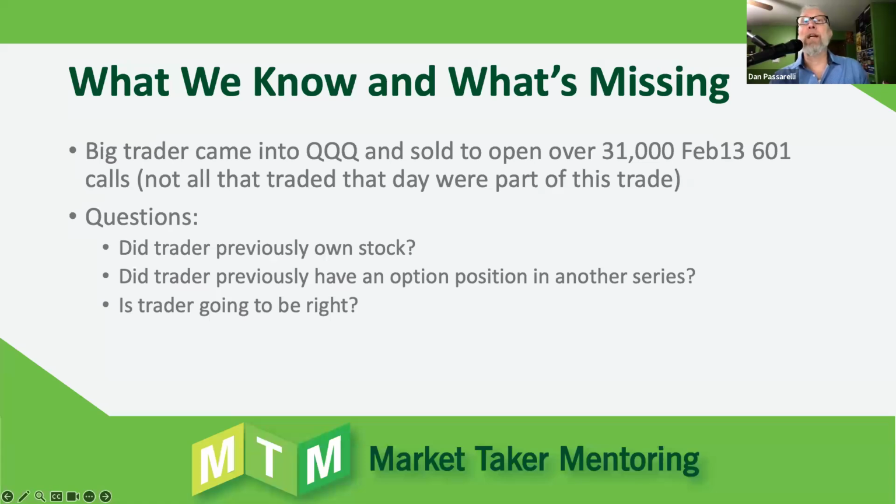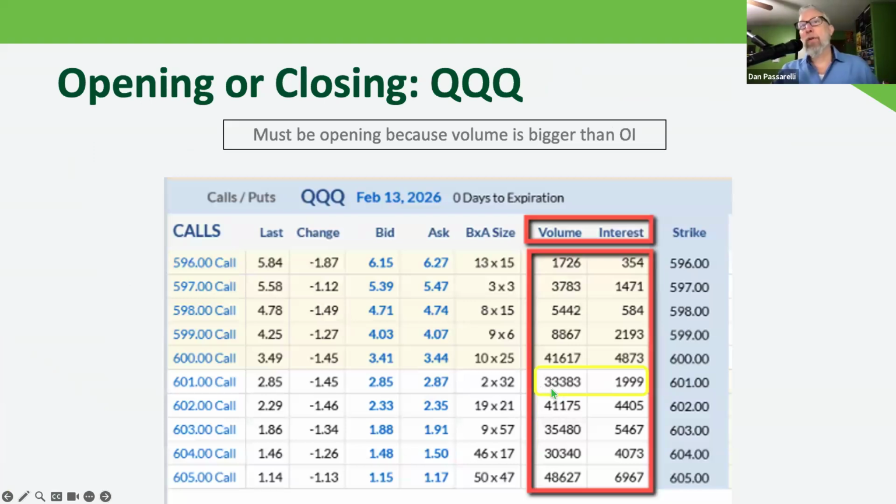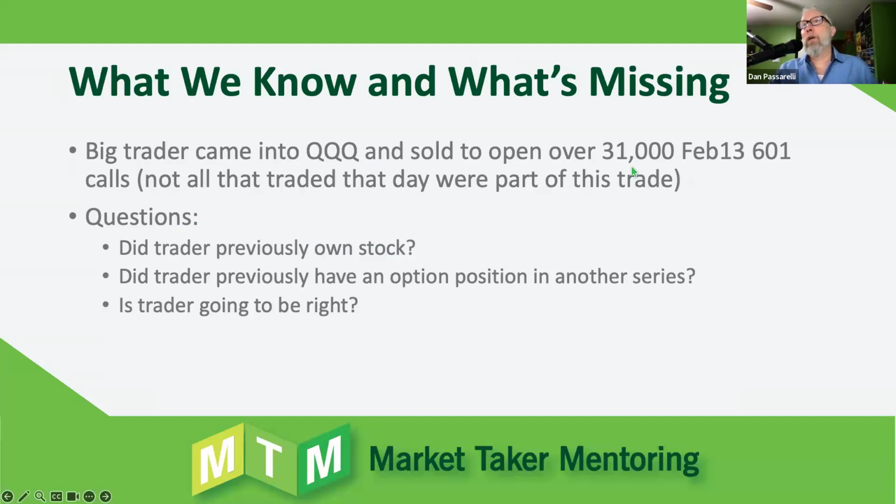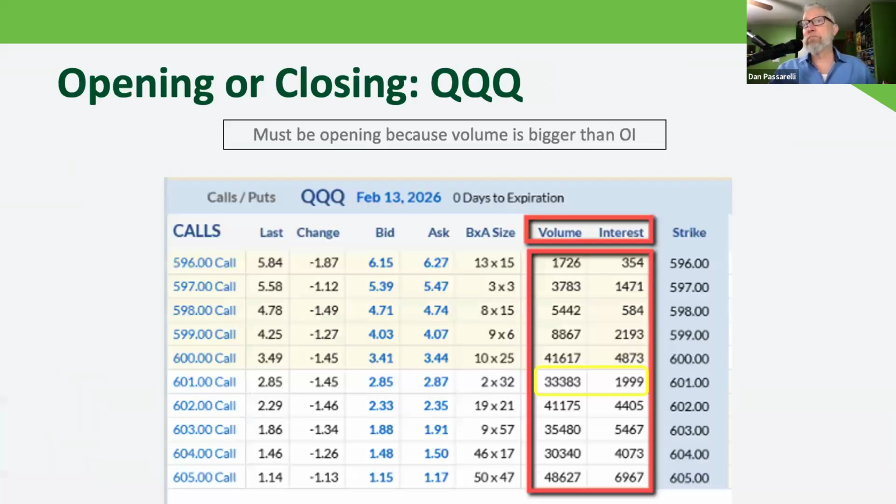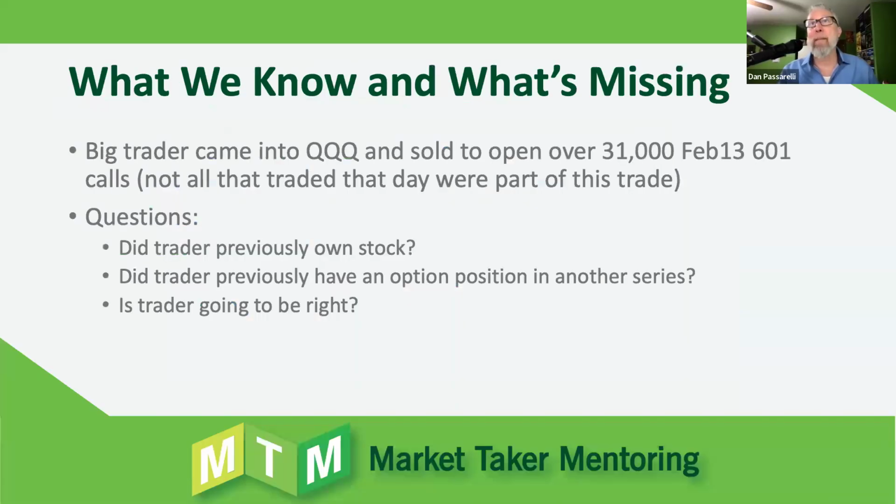Not all that traded that day were part of this trade. 33,383 traded, but imagine that one single trader traded 31,000 of those all in one fell swoop. So there are still 2,383 contracts that traded that were not part of that one big trade. So those were opening.